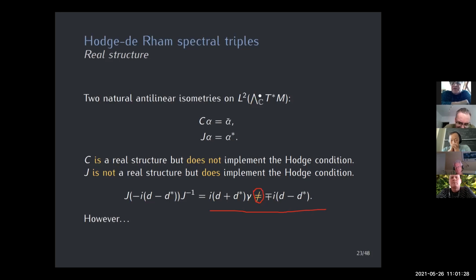When you transport these two actions to the exterior forms using this isomorphism of vector spaces, you get two operations on the exterior forms, and you combine them with the usual derivation, the connection, and this provides these two operators.